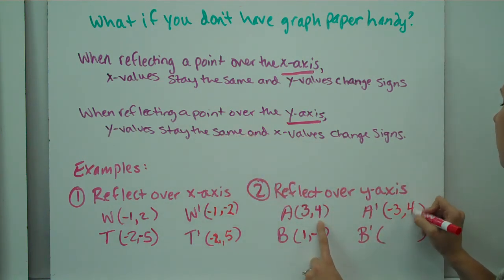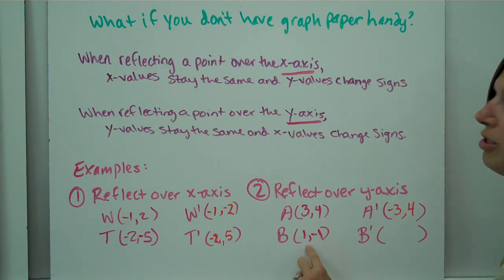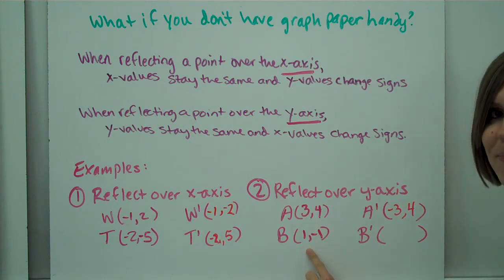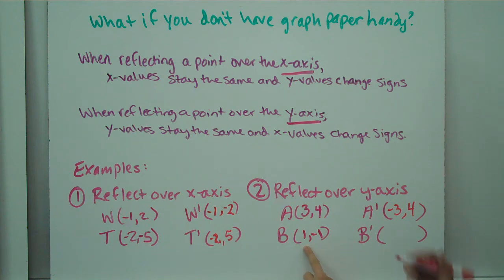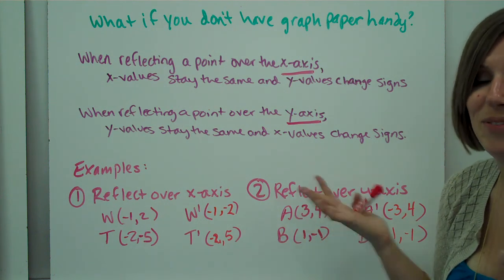So my y value will stay a 4. Why don't you try this last one by yourself? Remember, your x value changes, but your y stays the same. All right, I hope you got these as your answer. Now you know about reflections.